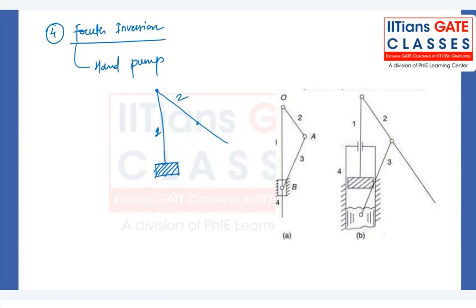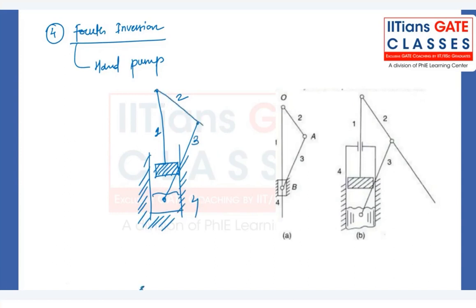This should be connected to link number 4, and that link has to be fixed, right? Link number 4 has to be fixed. This is link number 4, this is link number 3. If you extend this, in reality it will look like this, and if you extend this bar further down, you will get figure B, which looks like a hand pump.